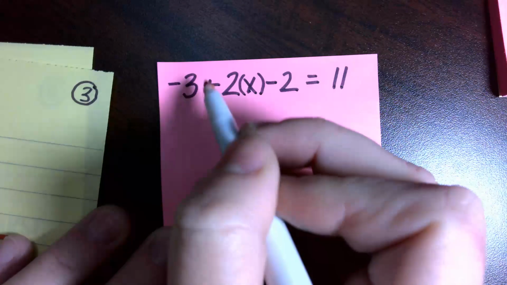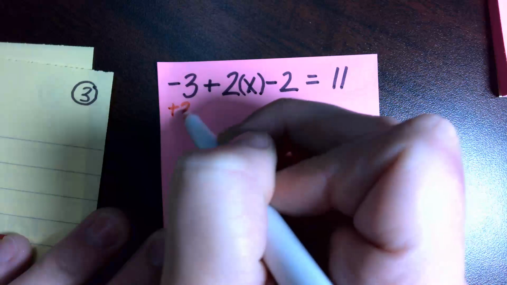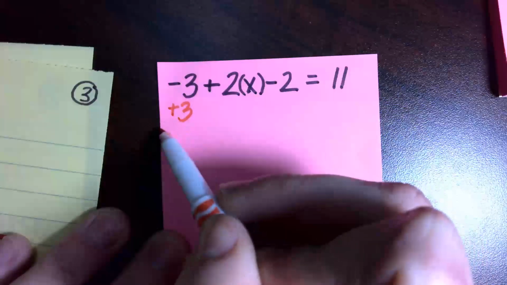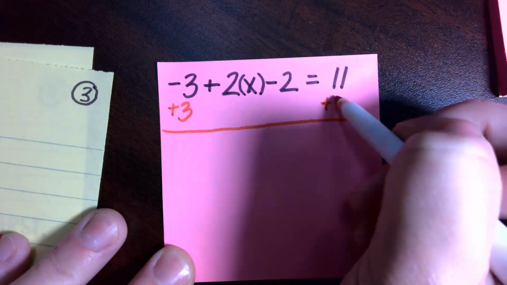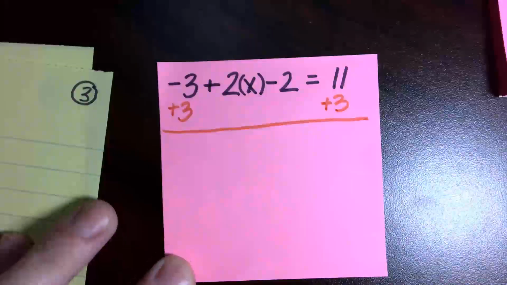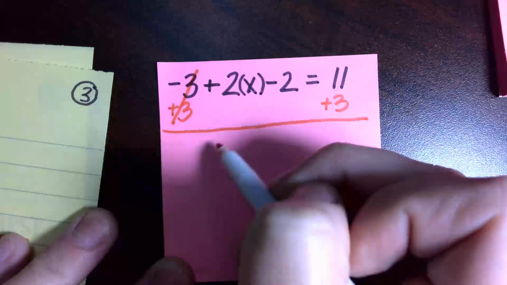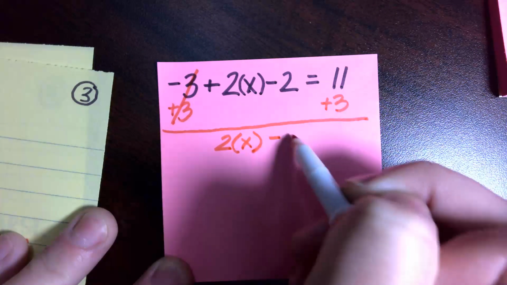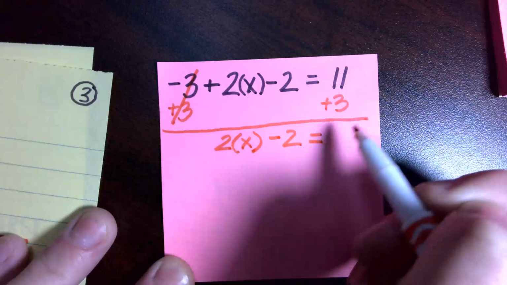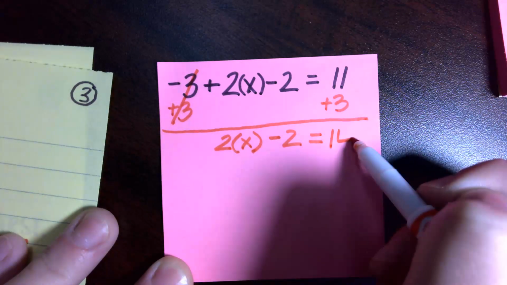How do I get rid of this? Yeah, let's do +3 first. And where else do I need to write +3? Under the 11, because that's on the other side of my equal sign. My 3's are going to cancel. I'll go ahead and bring down 2 times x minus 2 equals 11 plus 3, 14.